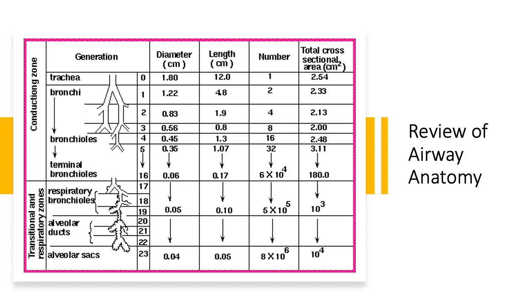As you can see, respiratory bronchioles have a diameter of less than 2 mm, and these respiratory bronchioles, alveolar ducts and alveolar sacs comprise the small airway of our lower respiratory tract. These small or peripheral airways contribute to 50% of the total airway resistance in infants as compared to 20% of total airway resistance in adults.